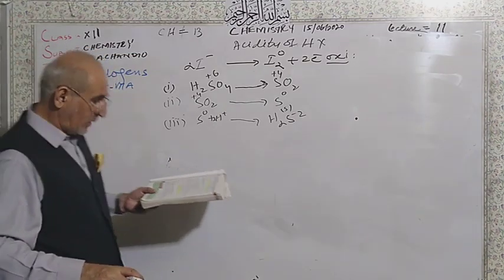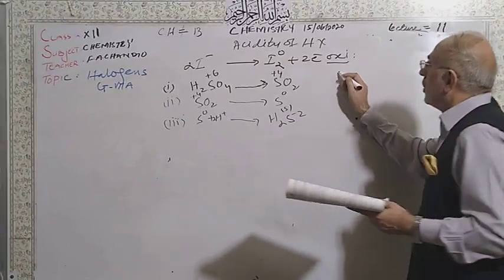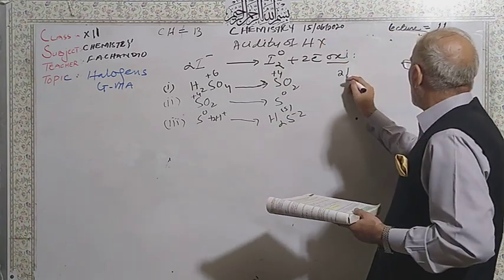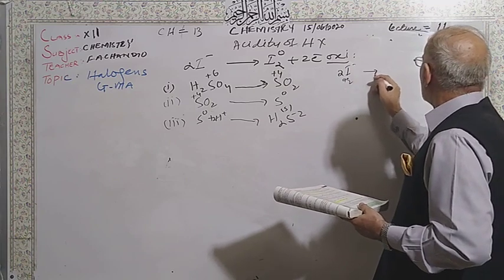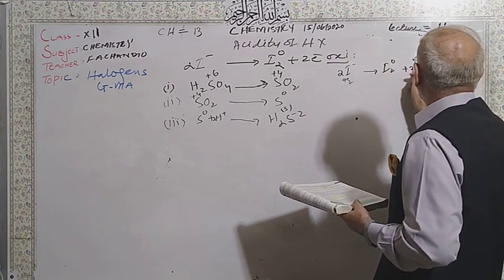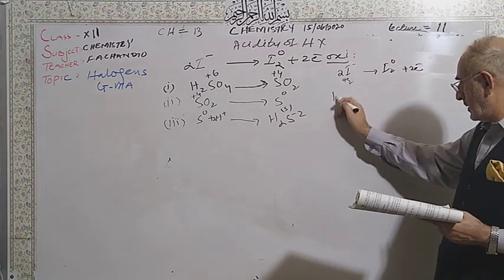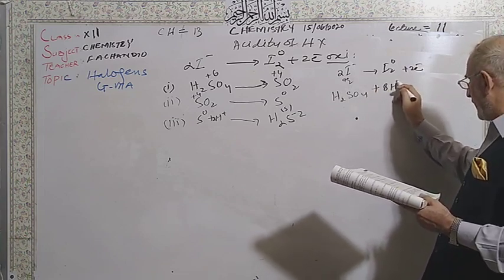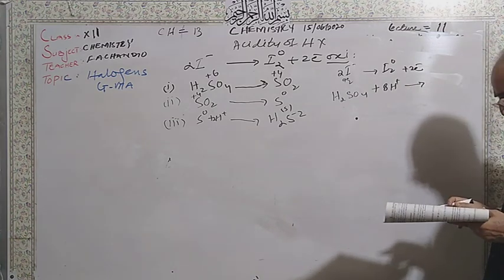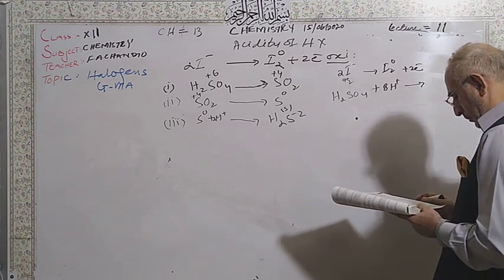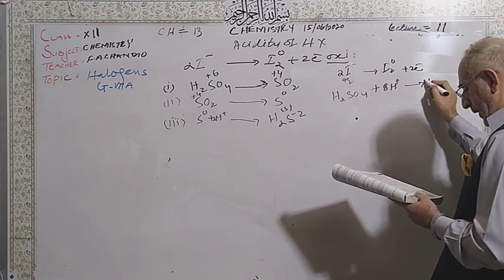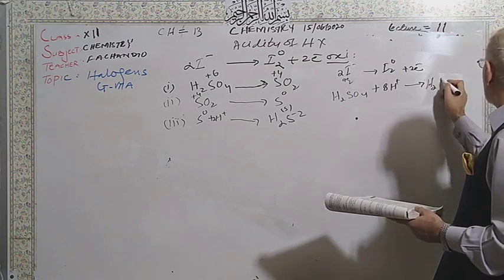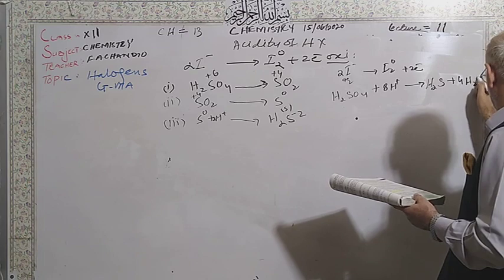So dear students, if I write the whole equation now: 2 iodide in aqueous give iodine plus 2 electrons, this is oxidation, and sulfuric acid plus 8 hydrogen ions give hydrogen sulfide plus 4 water molecules.